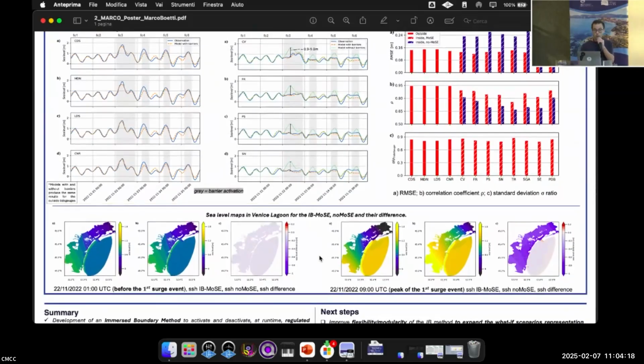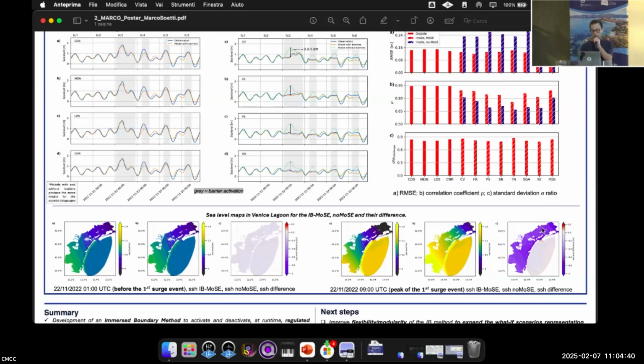And as a last point, I want to show you these maps, because our work now allows us to produce maps that provide, in this case, sea level height. We have produced 2 runs, one with the immersed boundary here on the left, and another one without it. So we can compare the real state of the lagoon with what-if scenarios.